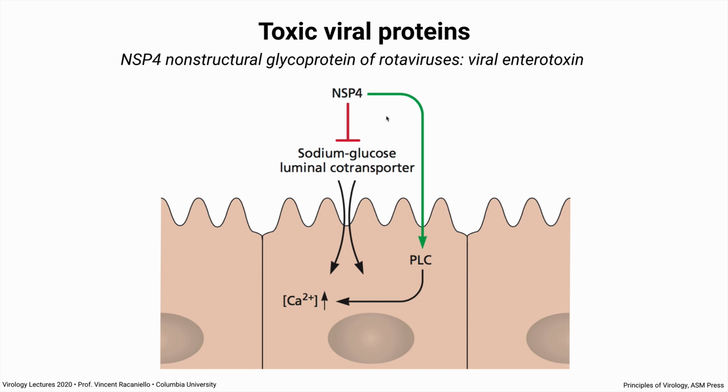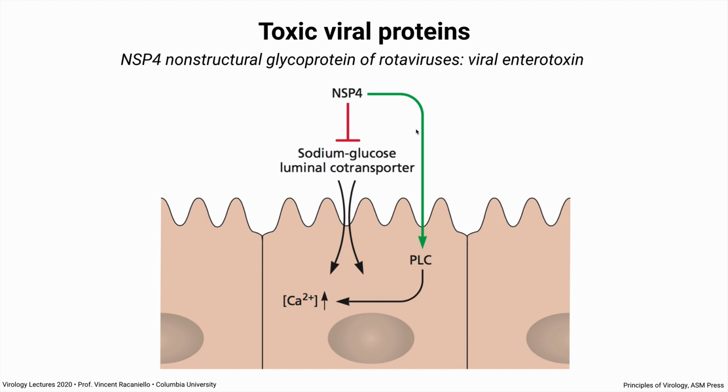So this protein is produced during virus replication in these intestinal epithelial cells. It inhibits the sodium glucose luminal transporter. That transporter is needed for water reabsorption in the intestine. And so water is not reabsorbed. So we think its inhibition by NSP4 could be one way of causing the diarrhea that's associated with infection.